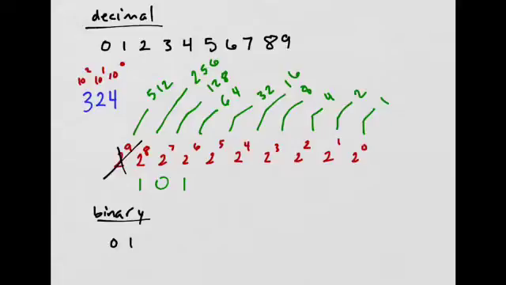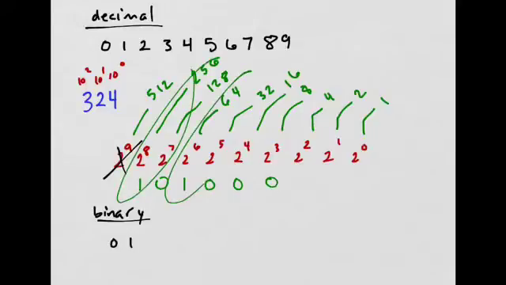And now I have 320. Do I add 32? No, that's already bigger. So I will take 0 of the 32 spot, the 2 to the 5th spot. Add 16, that's too big. Add 8, that's too big, because I have 256 plus 64, that's 320.